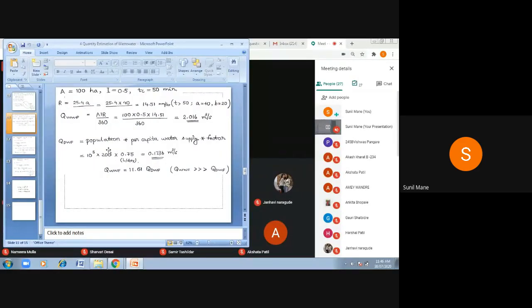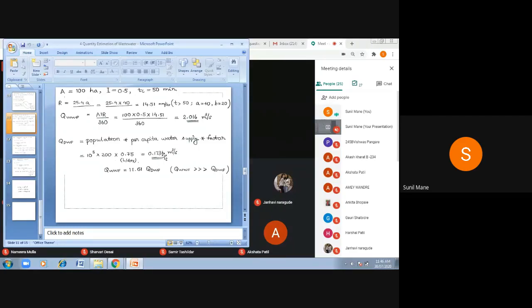Next one is the per capita flow. The per capita flow is 200, and the sewage factor is 0.75. It should be between 0.7 to 0.8, that is fine, so it is 0.75. Based on that, you can go for the calculation of dry weather flow. Dry weather flow in this case is 0.1736 meter cube per second.